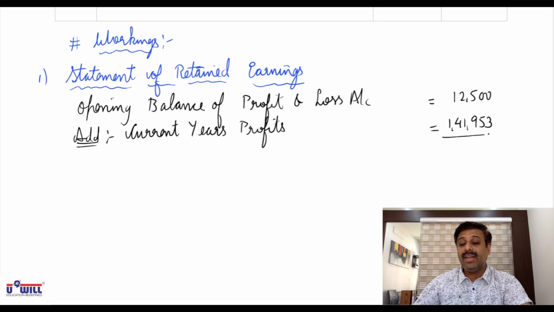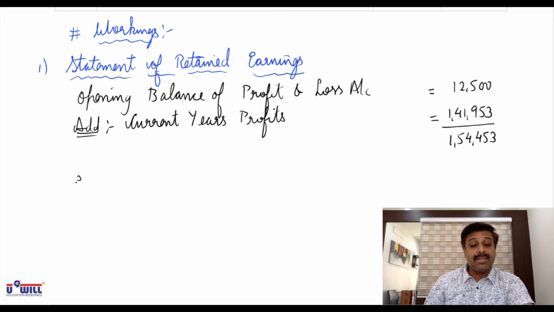If we add that, 12,500 plus 141,953, we will get 154,453. From that we will minus appropriations.